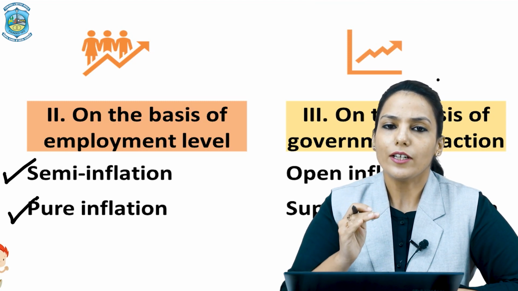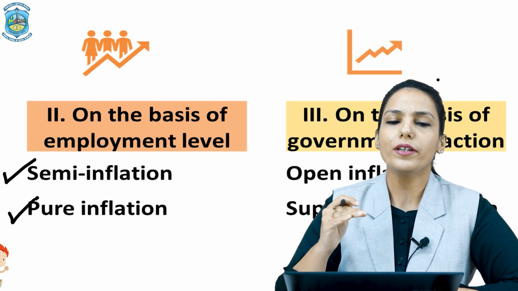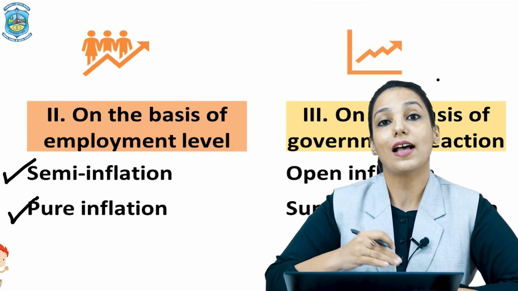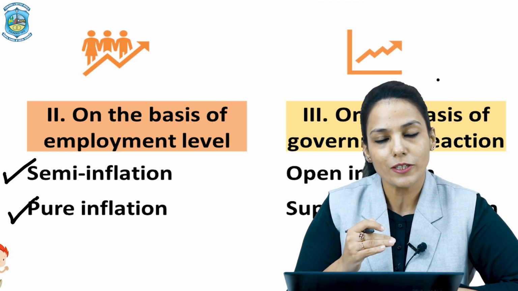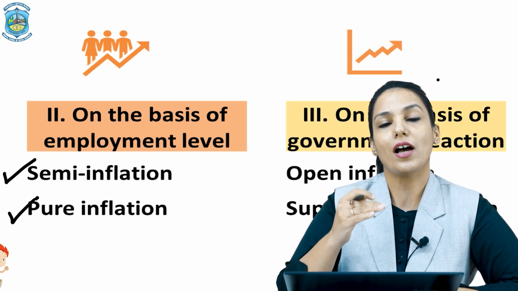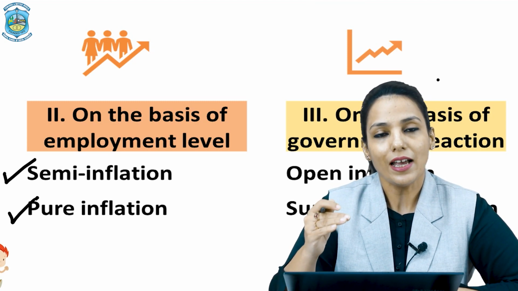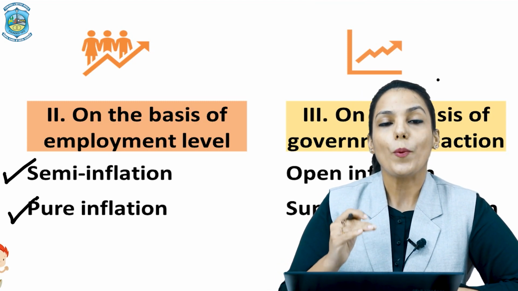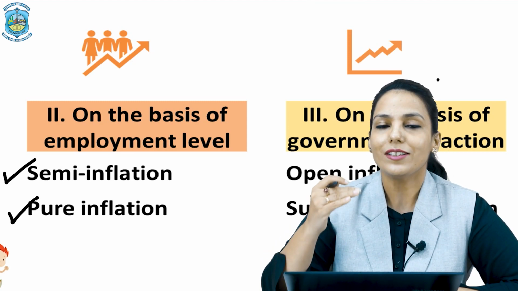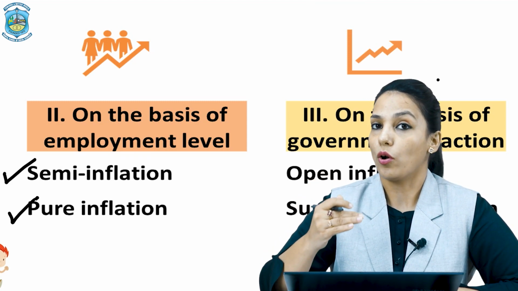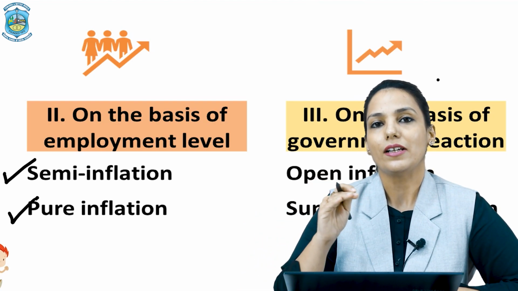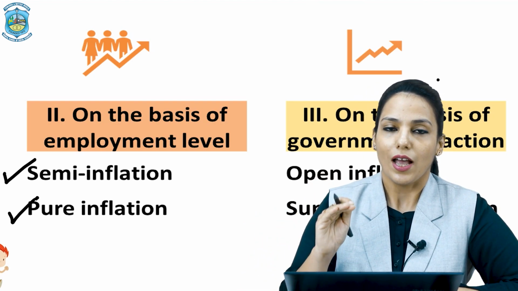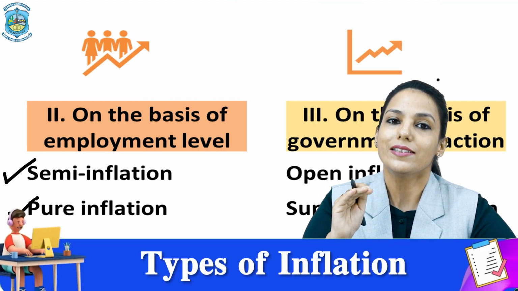Keynes said that generally prices do not increase as long as there is idle capacity existing in the economy. Idle capacity means the factors of production are still existing and unused. So, when the economy is expanding, the demand for factors of production is also increasing, and this increase in demand leads to an increase in prices, and this he called semi-inflation.